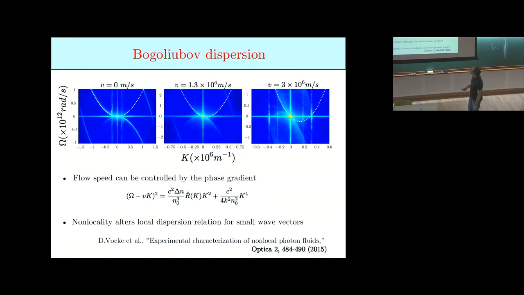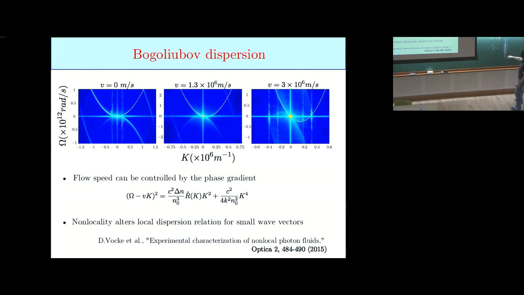The difference between these three graphs is the mean velocity of the fluid: here it's 0, here it's 1.3 × 10^6 meters per second, and here it's 3 × 10^6 meters per second. How did we control this speed? Remember, the speed is proportional to the gradient of the phase of the beam.